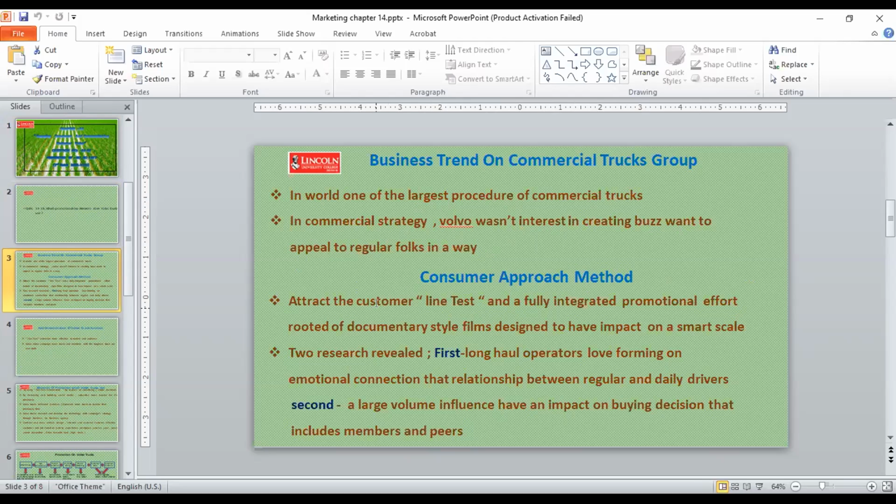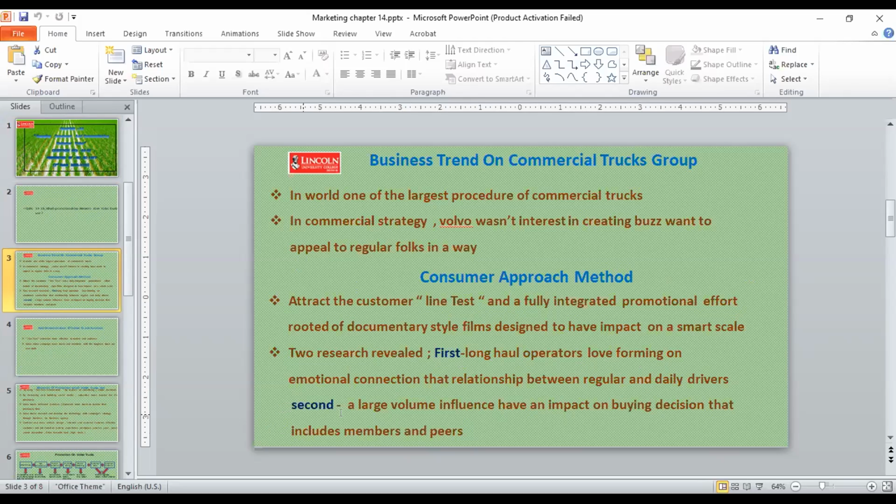Attract the customer, line test, and a fully integrated promotion for a documentary style designed to have impact on a small scale. And then do research with reviews from customers. First, long-haul operators love forming an emotional connection, the relationships between regular and daily drivers.